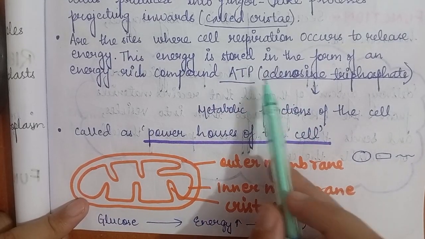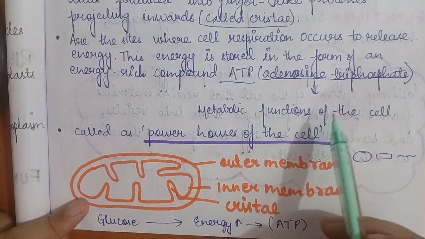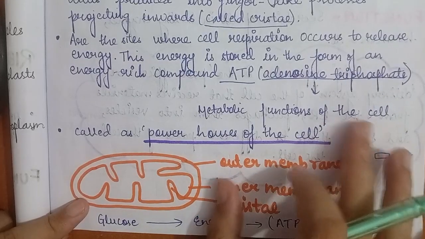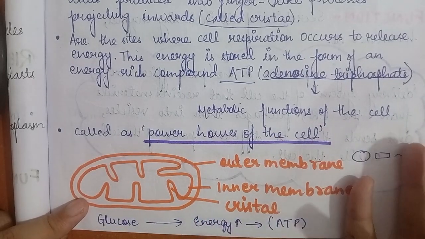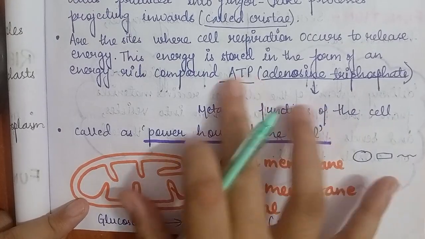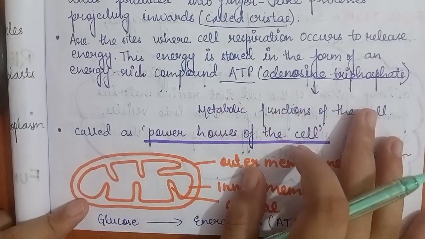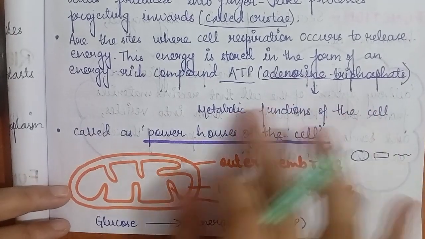It is used for various metabolic functions of the cell, like movement and secretion. All the activities in which our body is involved, like movements and exercise, are contributed by ATP.